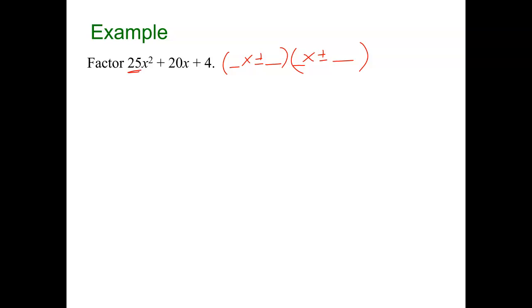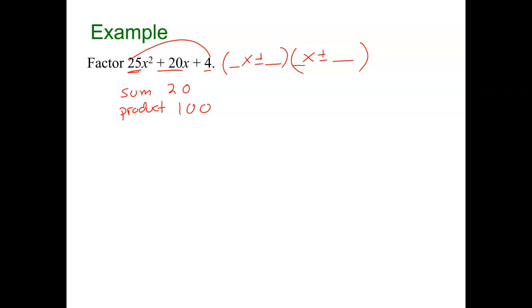I still need to find 2 numbers that sum to give me 20. But instead of 2 numbers that also multiply to give me a product of 4, I want a product of 25 times 4, which is 100.